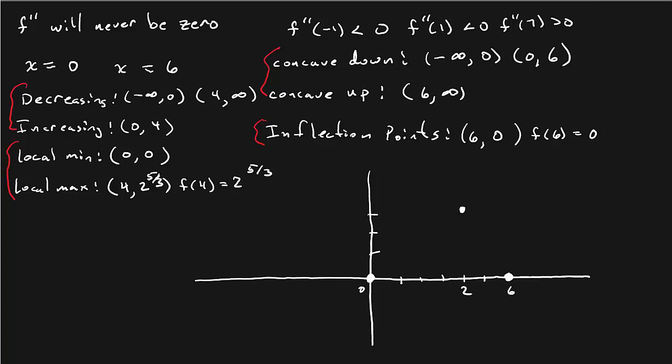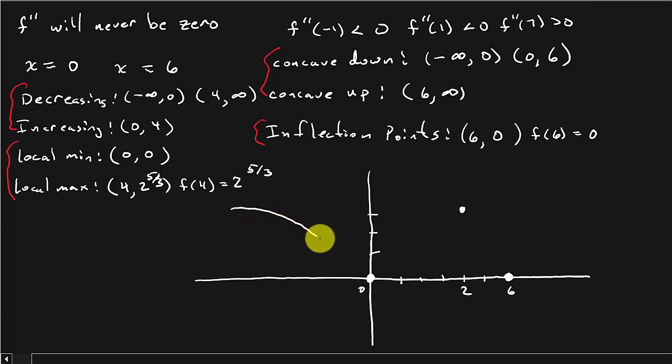So let's see how I need to draw this in. It's decreasing, but we also have to check concavity. It's concave down from negative infinity to 0. So yes, it's decreasing, but we've got to draw it in like this. Let me draw that in again.